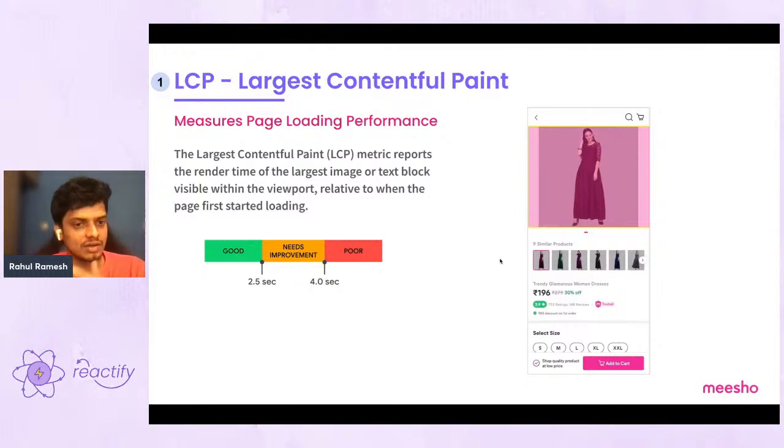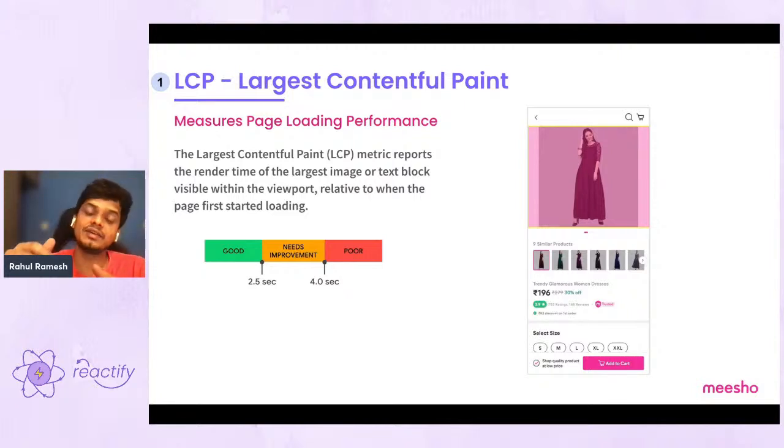And we have a metrics range with which Google treats a page as a good page, a needs improvement page, or a poor page. If the element that is the LCP element takes more than 2.5 seconds to render, then it goes to the needs improvement category.